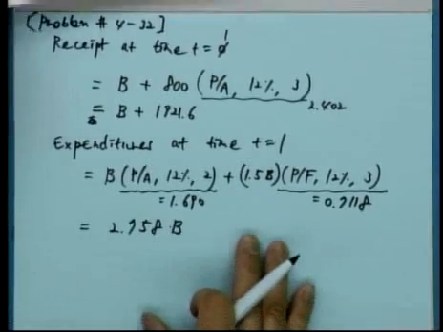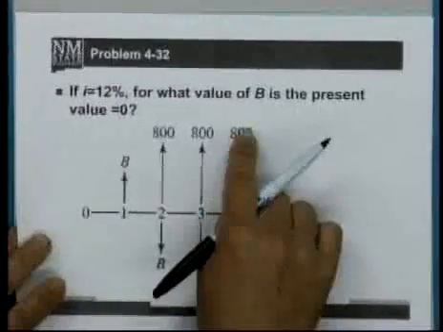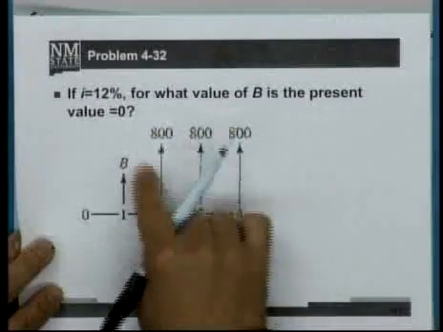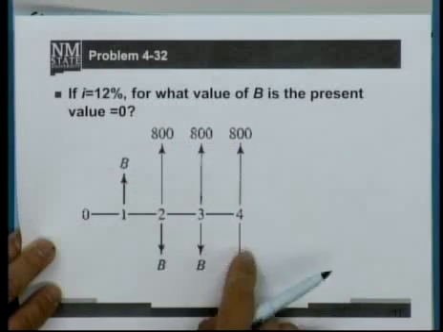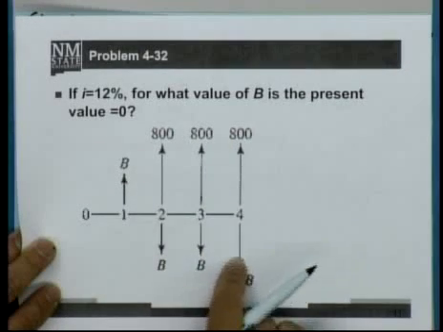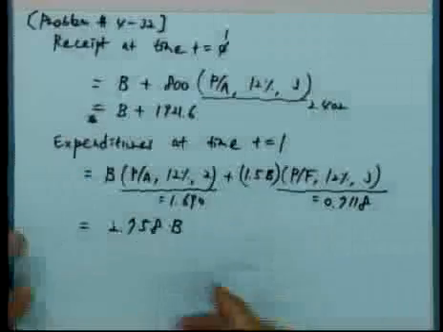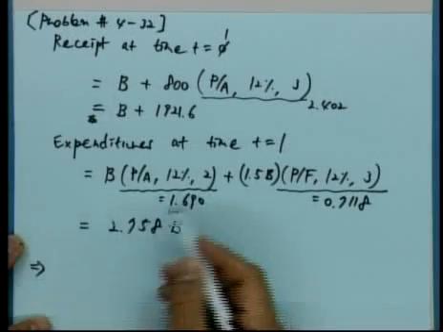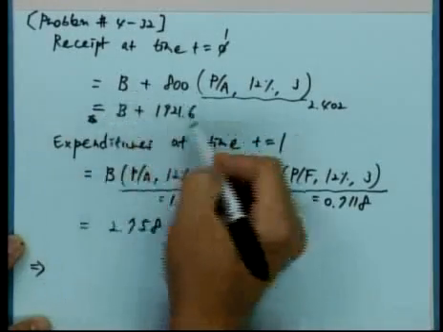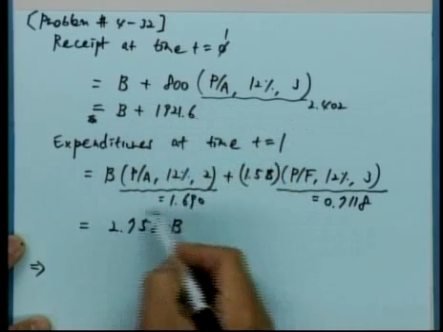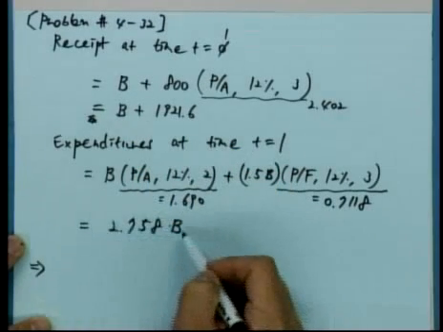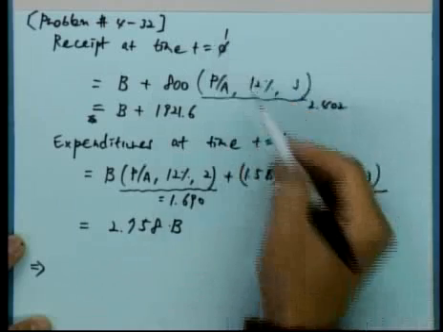So I said earlier, all these positive cash flow amount are equal to all of this negative cash flow amount at time period t equals 1. So what you need is that this receipt value is equal to this expenditures at time period t equals 1.